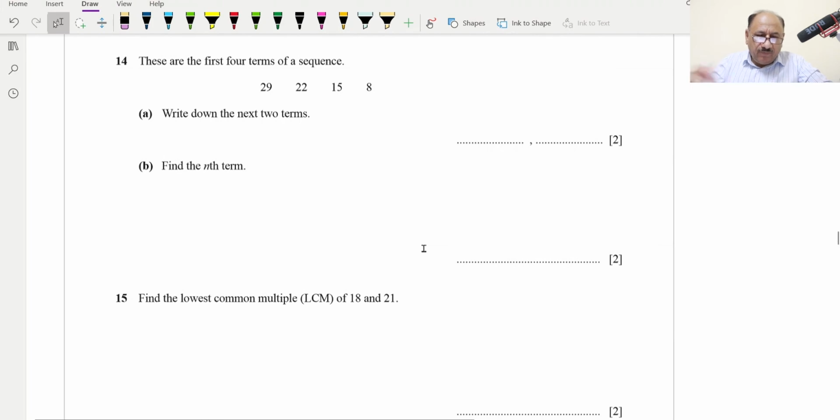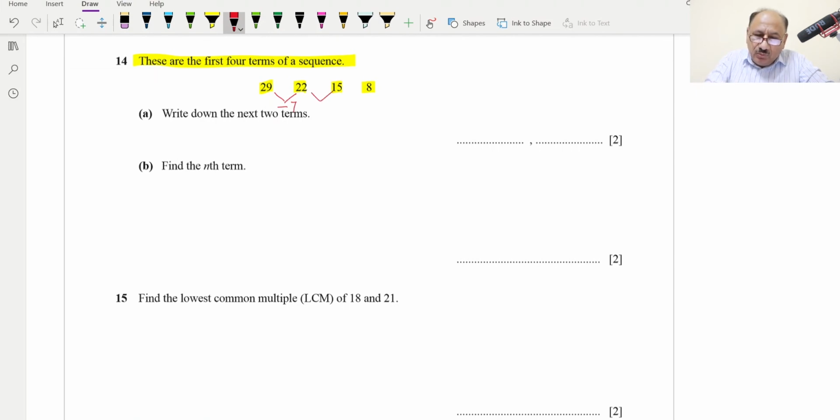Now question number 14, it says these are the first 4 terms of a sequence. These are the 4 terms provided. Write down the next 2 terms. For that, we will be checking the difference between the terms. So it will be minus 7. 29 minus 7 will result in 22.